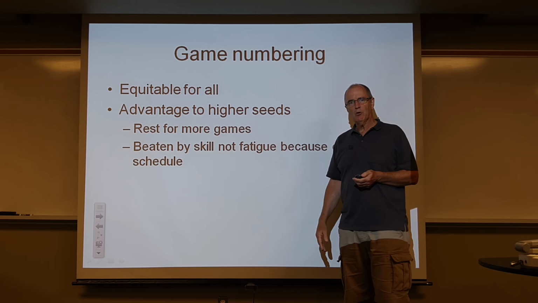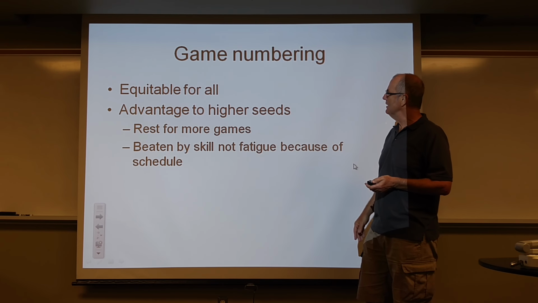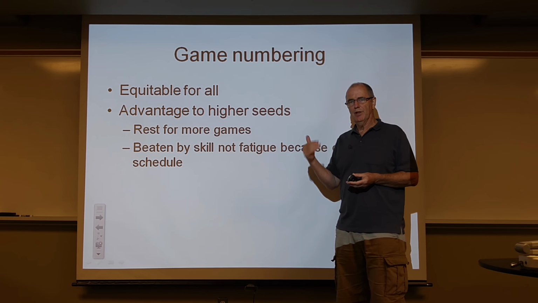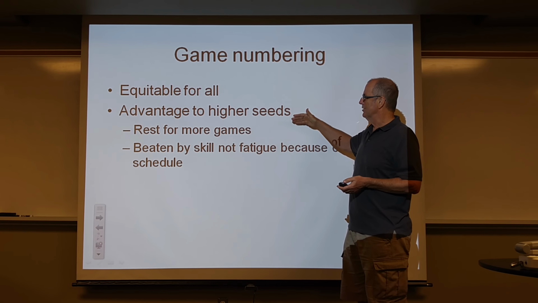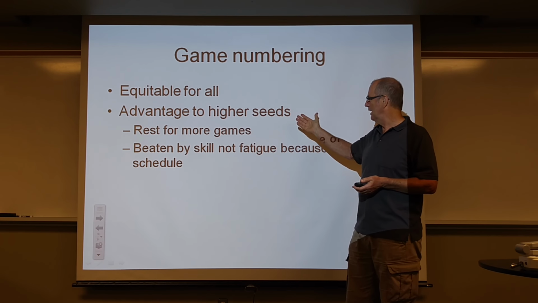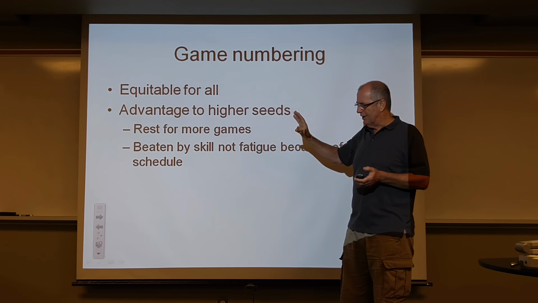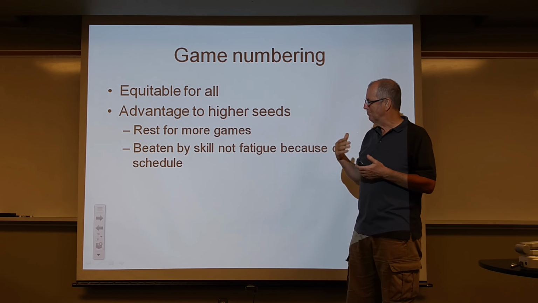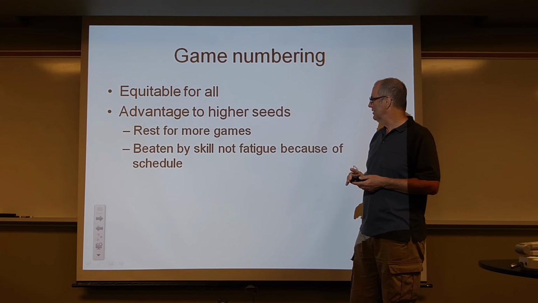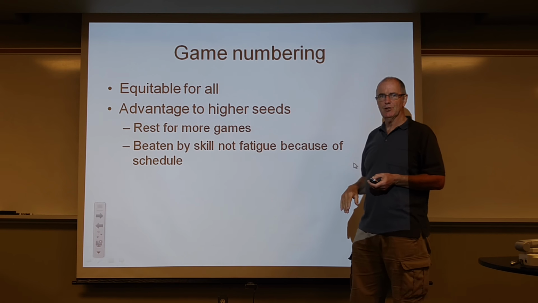So we're not done quite then, having done our seeding and determined our seeding and our byes. We also need to number the games, and that should be roughly equitable for all. If there's going to be a slight advantage, we'll give it to a higher seed, and we need to make sure that the higher seeds have a bit more rest, a certainly equal amount, and that they're beaten by skill, not fatigue, because of the schedule.